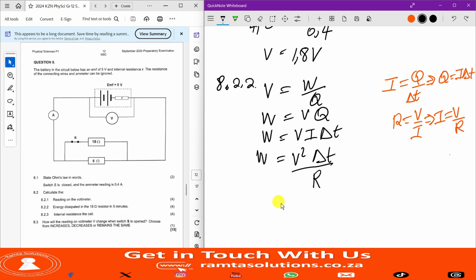Let's go. What is the voltage? As you can see, they are connected in parallel, so the voltage here is the one read by voltmeter V, which was 1,8. So it'll be 1,8 squared. And what is the time? Be careful with the time. It is in minutes, so we need to convert minutes to seconds.